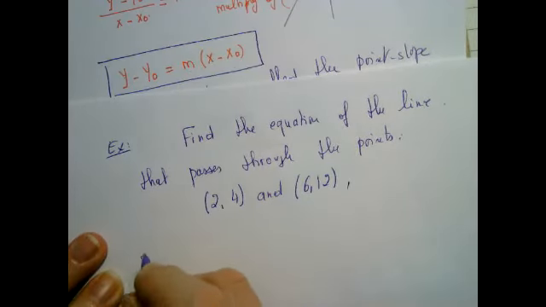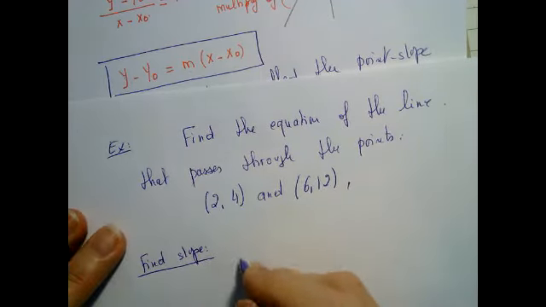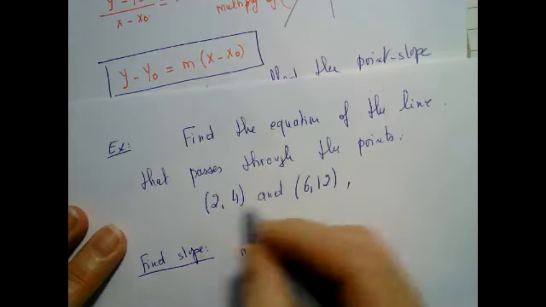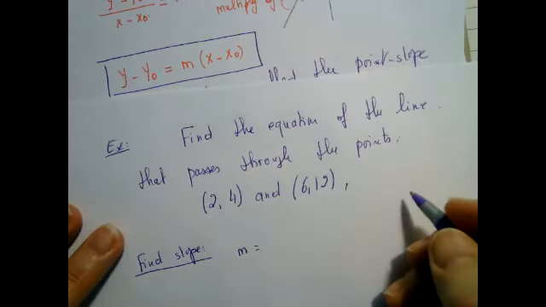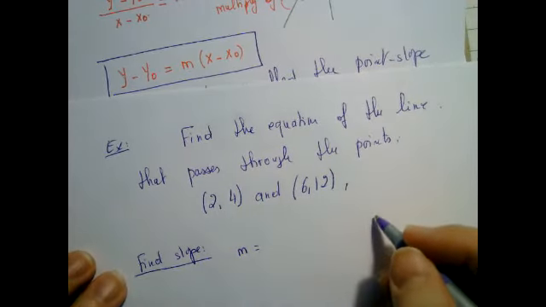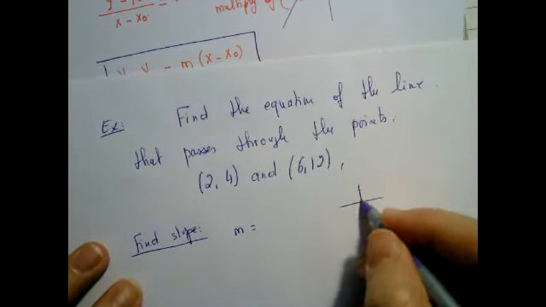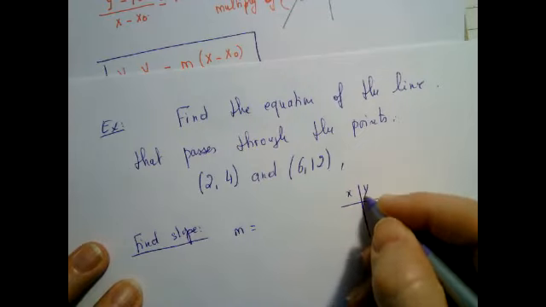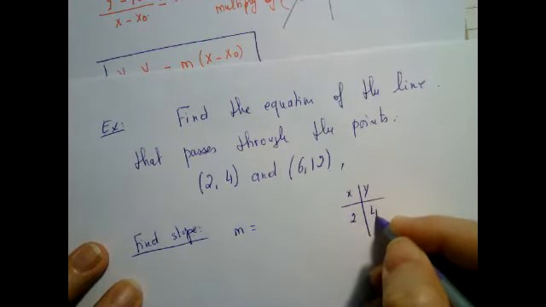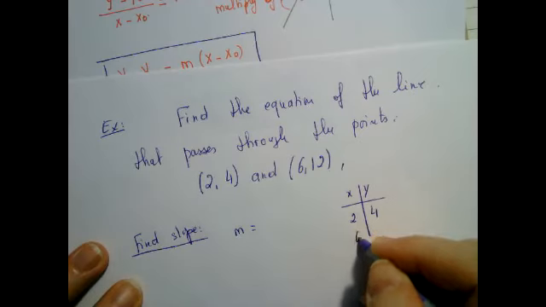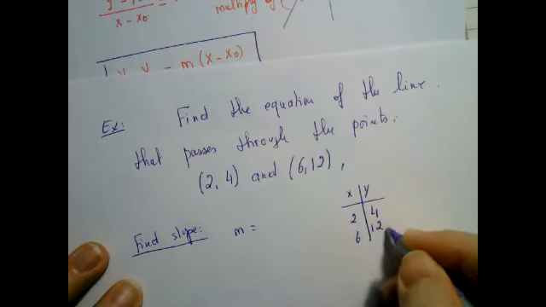First we're going to find the slope. These are 2 points on the line, so I like to put my data in a neat table, x and y. If x is 2, y is 4, and if x is 6, y is 12.